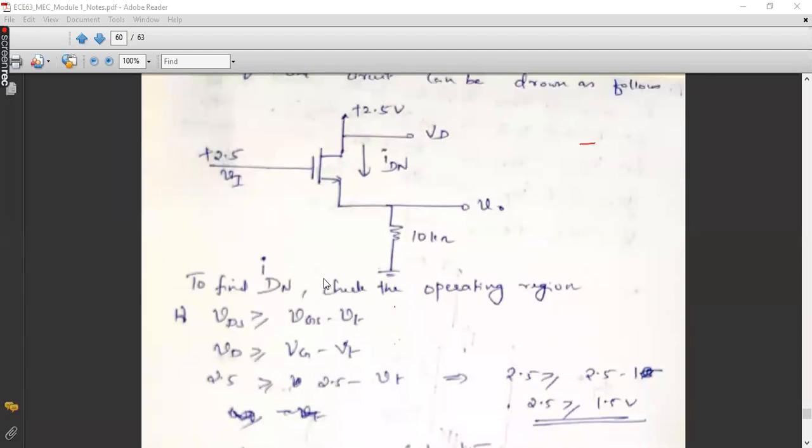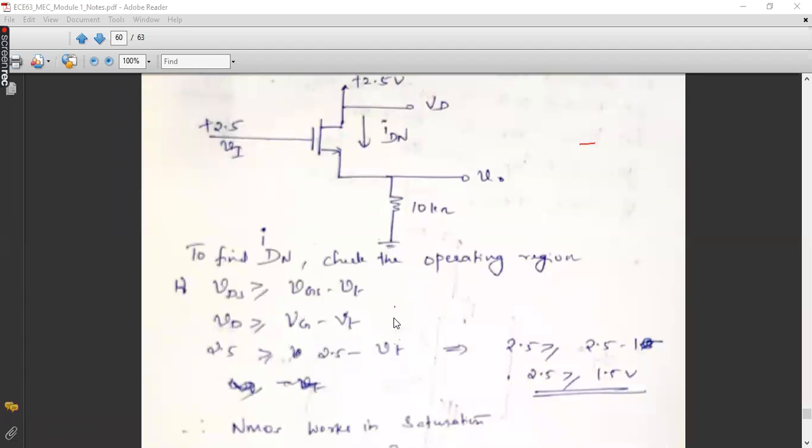So first, check the condition whether VDS is greater than or equal to VGS minus VT, that is VD greater than VG minus VT.